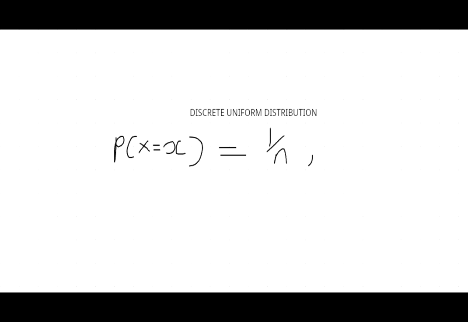We don't start from 0, we start from 1, because in this case we go from 1, then 2, depending on how many values you have, up to n.